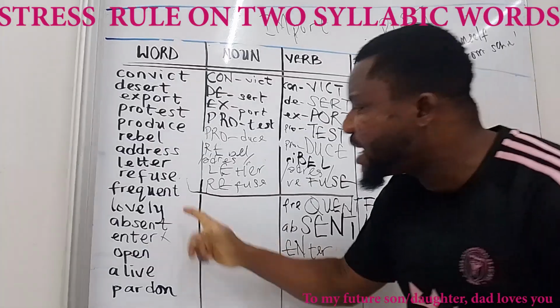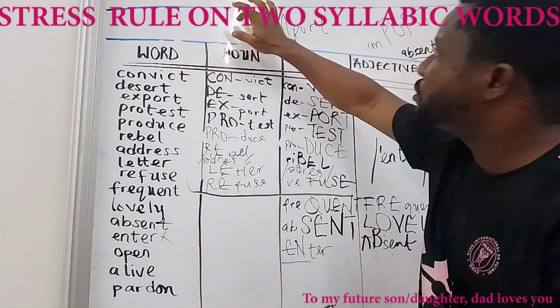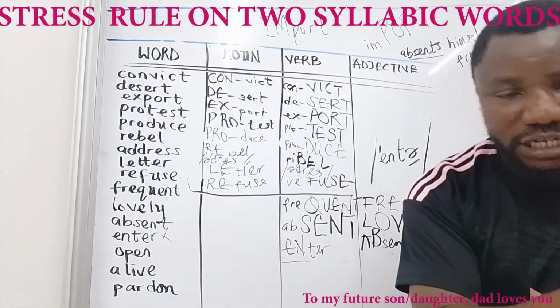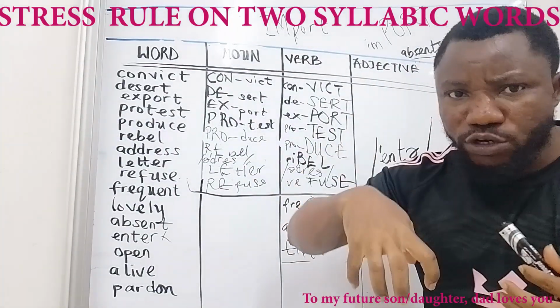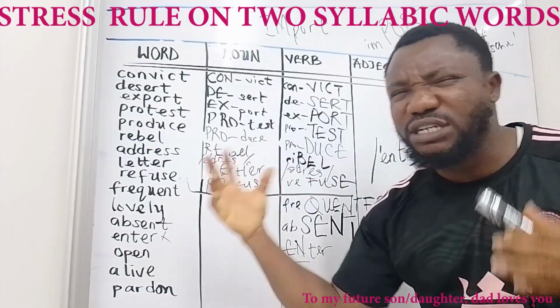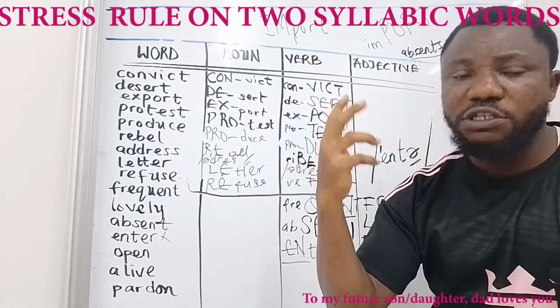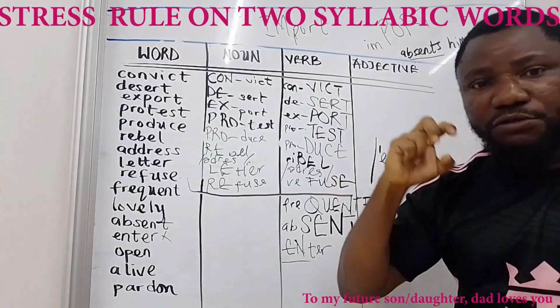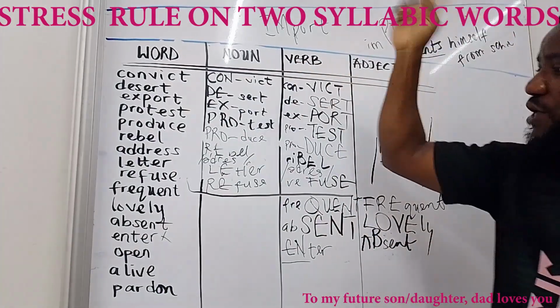And this goes to explain the fact that the rule that a two-syllabic noun word takes its stress on the first syllable and that a two-syllabic verbal word takes its stress on the second syllable is correct most of the time, but it is not always correct, right? There are exceptions to that rule.